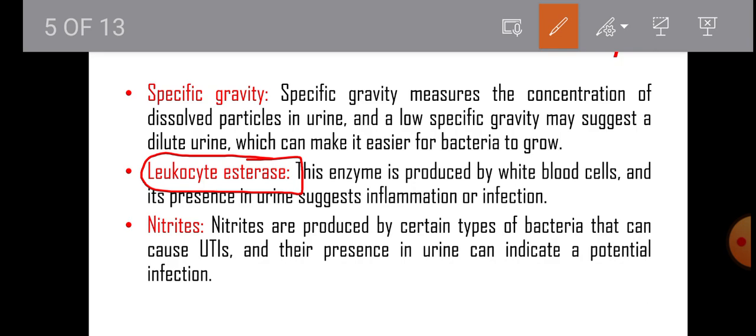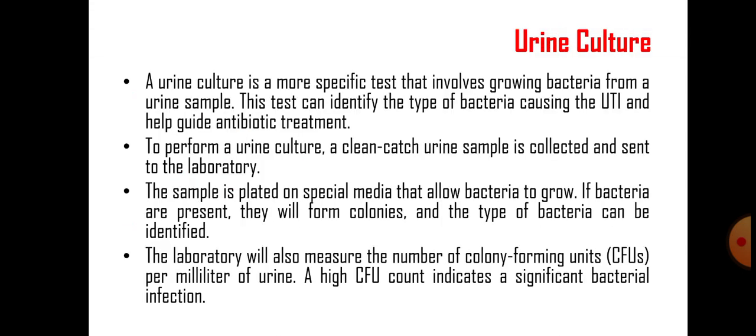The presence of this enzyme in the urine will help us understand that the organs are getting infected by the pathogenic agent. Added nitrites. Nitrites are produced by certain types of bacteria that can cause UTI. The presence of nitrites in the urine sample also indicates the presence of pathogenic agents associated with urinary tract infection.